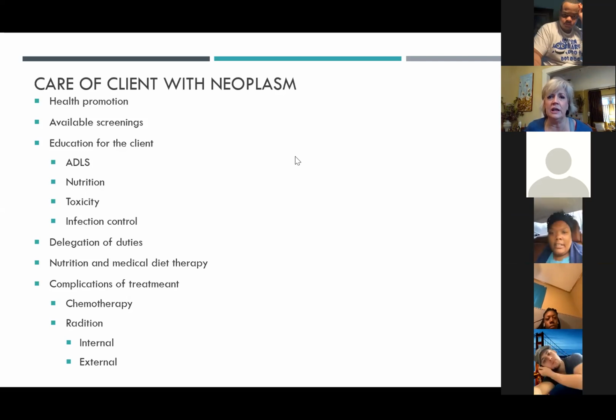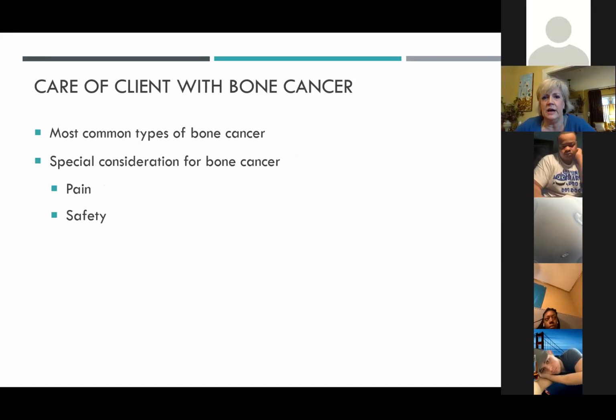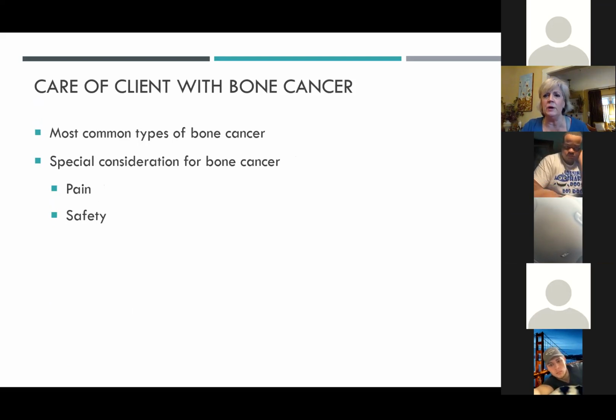So care of a client with bone cancer, that's our third objective. What are some of the most common types of bone cancer that we talked about? We talked about Ewing sarcoma, multiple myeloma, and metastatic bone cancer. But metastatic bone cancer is not a primary cancer. Y'all understand what I'm talking about when we say not a primary site?